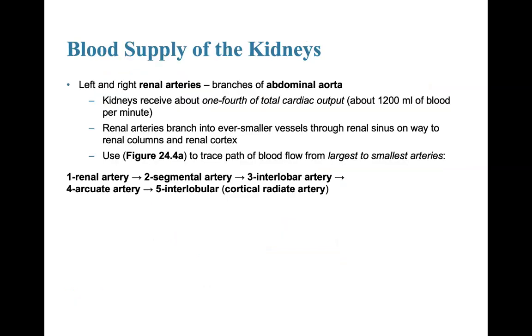So the right and left renal arteries, which are going to branch right off of the abdominal aorta, are going to supply the kidneys. The kidneys will receive about 1/4 of total cardiac output, which is about 1,200 mL of blood per minute. The renal arteries will branch into ever smaller vessels through the renal sinuses on the way to the renal columns and the renal cortex.